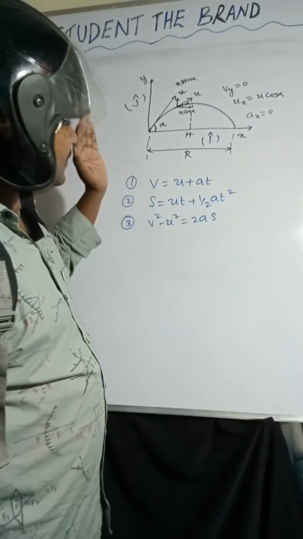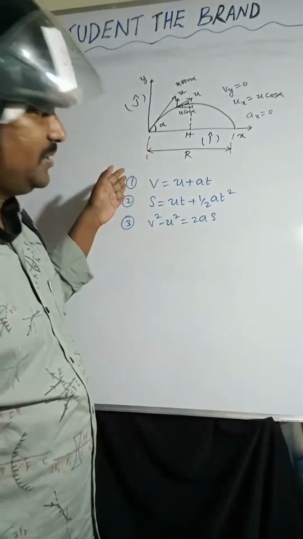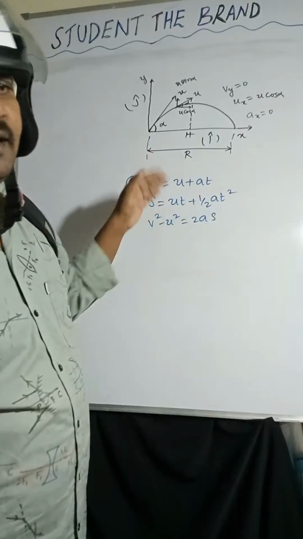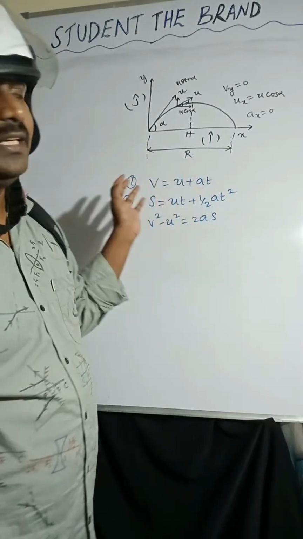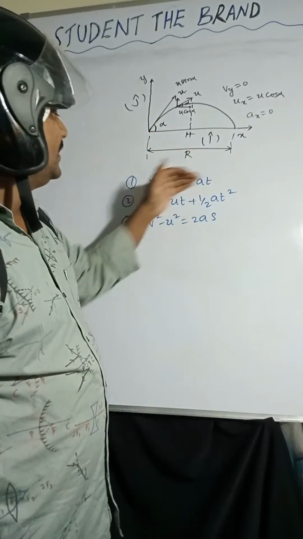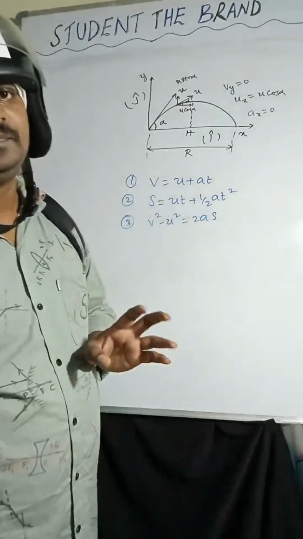That's why I'm writing them directly. These are the equations of motion if the object moves with a constant acceleration: v equal to u plus at, s equal to ut plus half at square, v square minus u square equal to 2as.